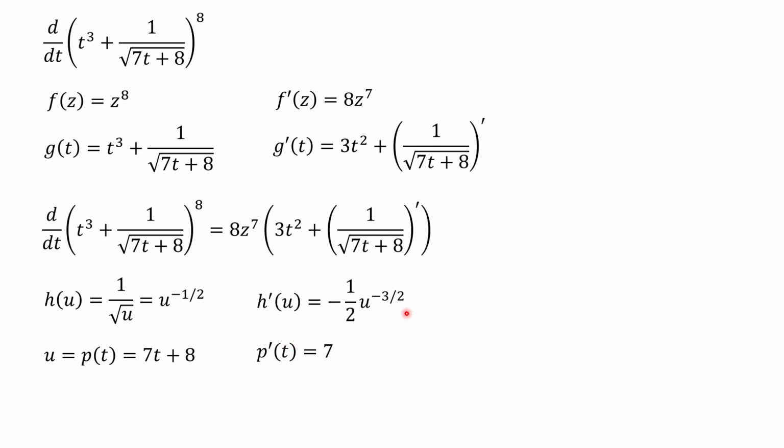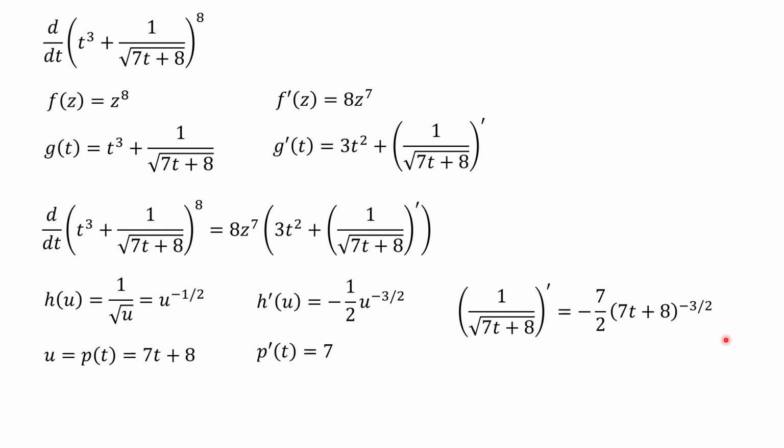And now we know that the derivative of a superposition of functions is the product of these two guys. So for brevity, I already substituted 7t plus 8 instead of u in this formula, and I got this result.